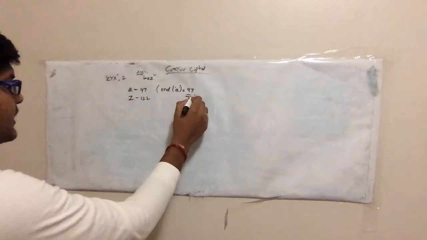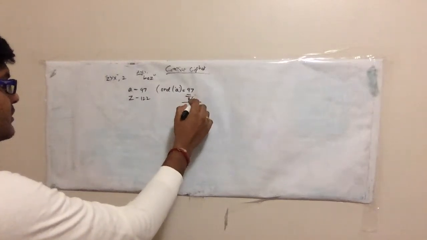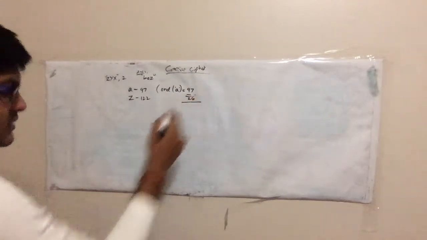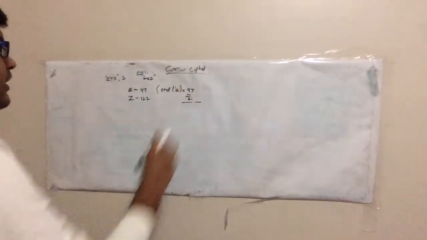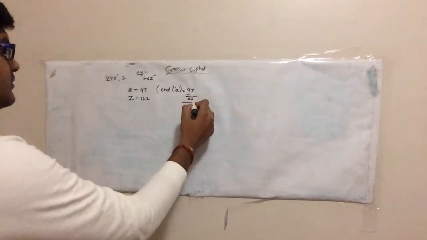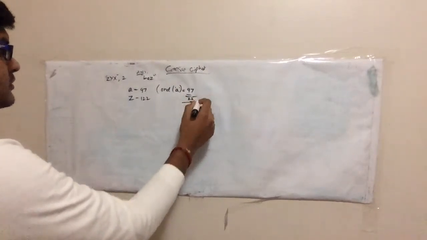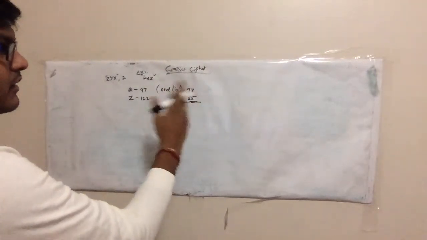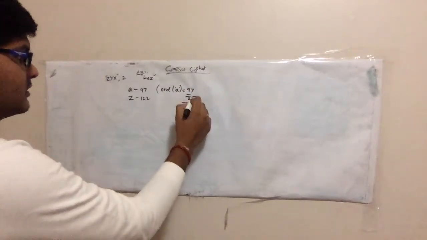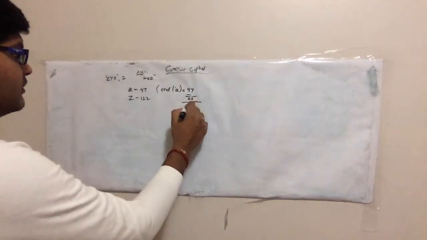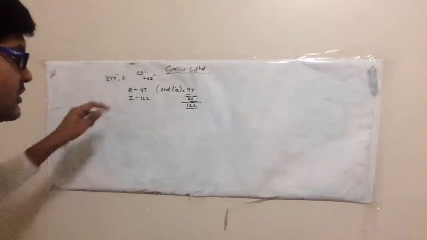Just 97 plus 25, right? 97 is the first character and later 25 characters are there, 25 alphabets. So yes, 122. So z is 122, small z.